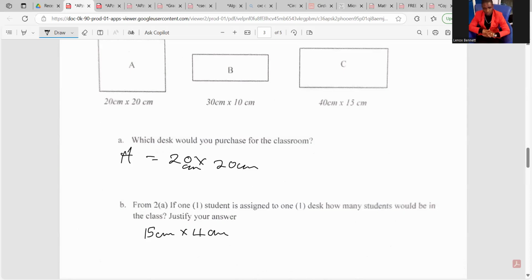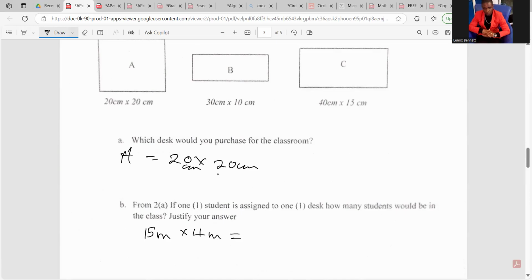The unit is actually meters for the classroom, so that's 15 meters by 4 meters, right?